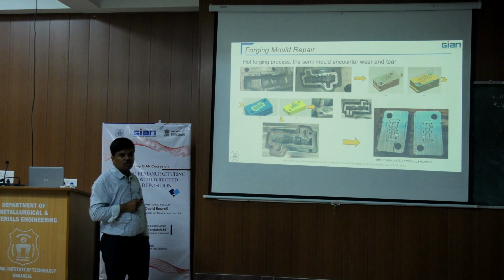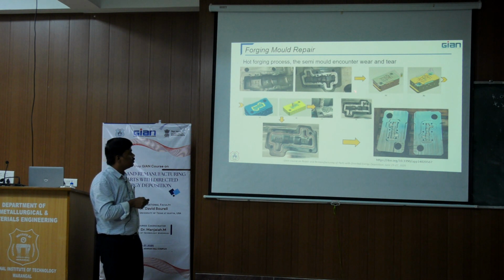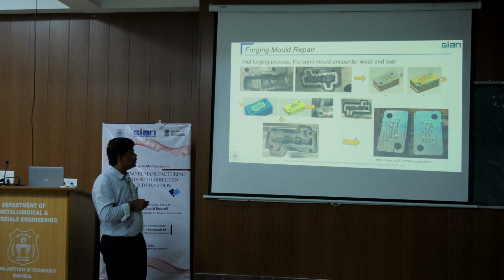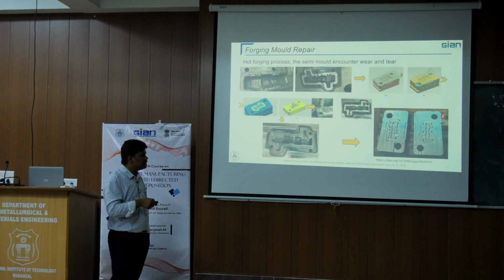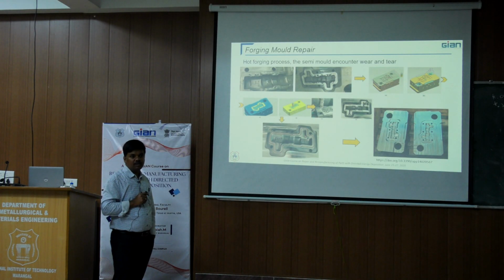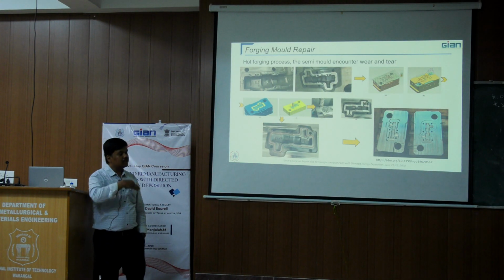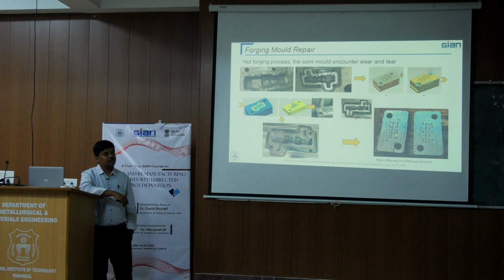Then we tried to reproduce it, and measured it with the CMM. The complete section is milled, and then we added additional material with our DED process, and finally finished with the milling process to get the repair of this mold. And this mold has been successfully used for making another 10,000 forging components.